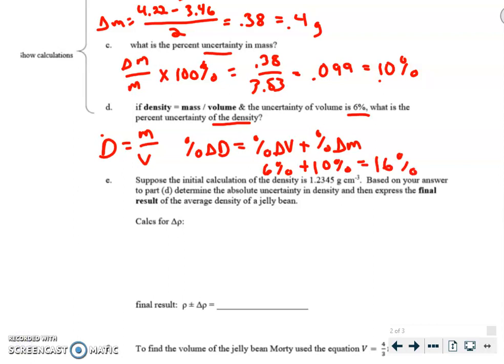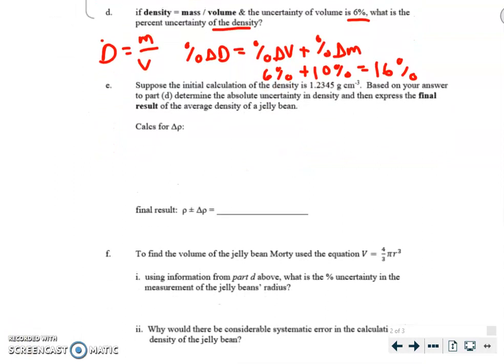Now, for C, we're asking for the absolute uncertainty, knowing the percent uncertainty and the value of the density rho. So I guess I should have called this rho. Sorry. So the calculation for that is I'm going to say delta rho is equal to my value of rho that we found above multiplied by that percent uncertainty in rho.